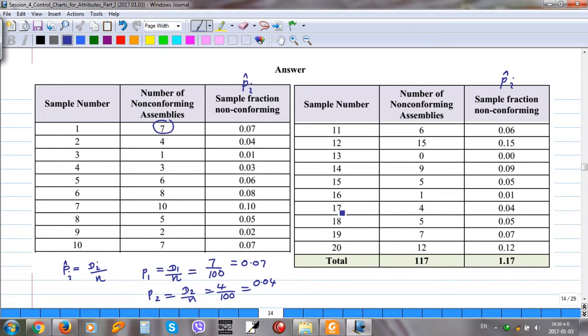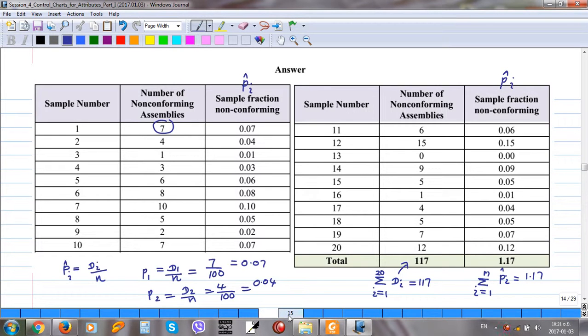This is the sum of d i for i equals 1 to m, here 1 to 20, that is 117. Then you can write the sum of p hat i as 1.17. So we can use these answers for the further calculations.